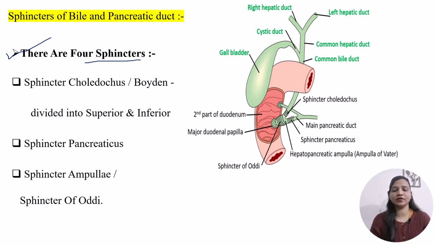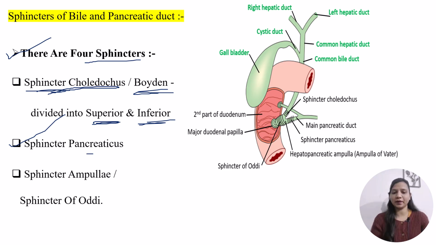The first one is the sphincter choledochus, which is divided into two: the superior sphincter choledochus and the inferior sphincter choledochus, also called the sphincter of Boyden. We count it as two because there are two sphincters, superior and inferior. Then the third sphincter is the sphincter pancreaticus, and the fourth is the sphincter ampullae or sphincter of Oddi.